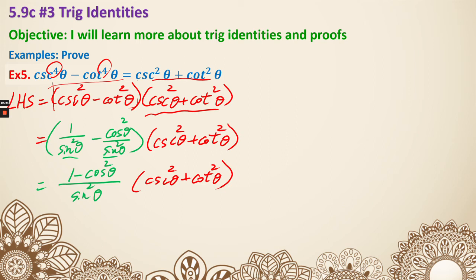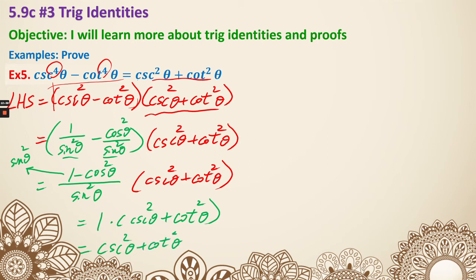The first part becomes sine squared. So the whole thing is just sine squared over sine squared, which is a 1, times cosecant squared plus cotangent squared, which is just cosecant squared plus cotangent squared, and that is my right-hand side. And that is done for example 5.